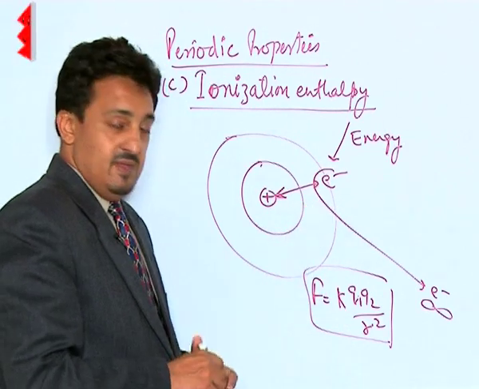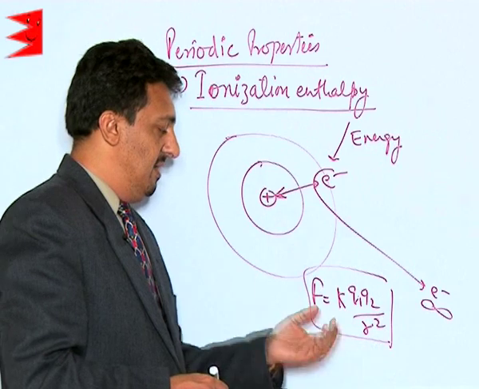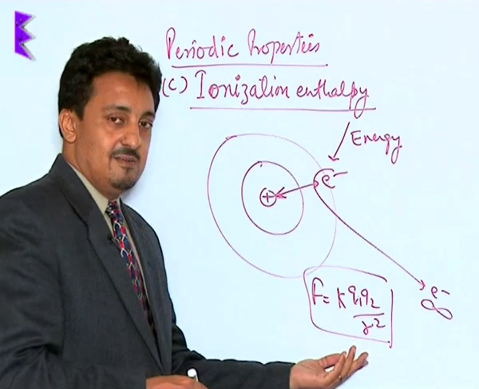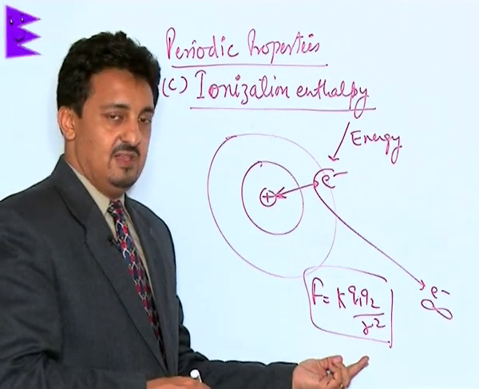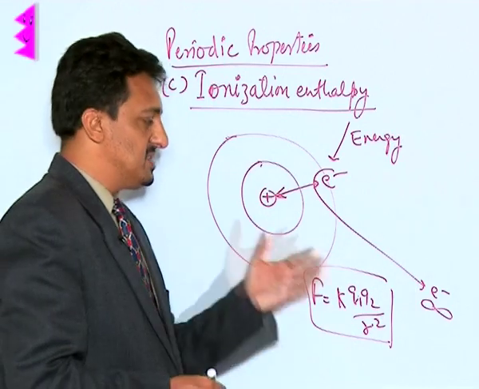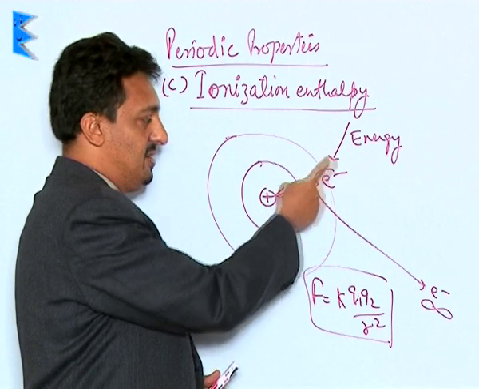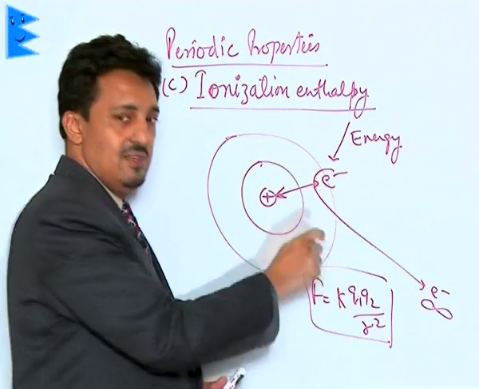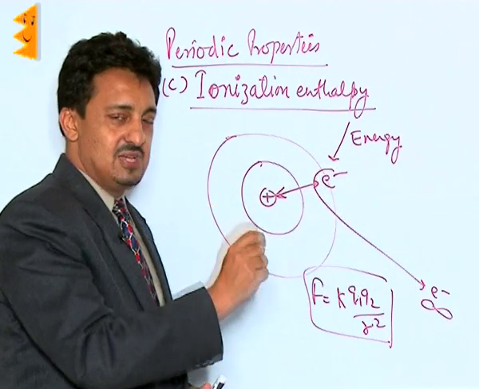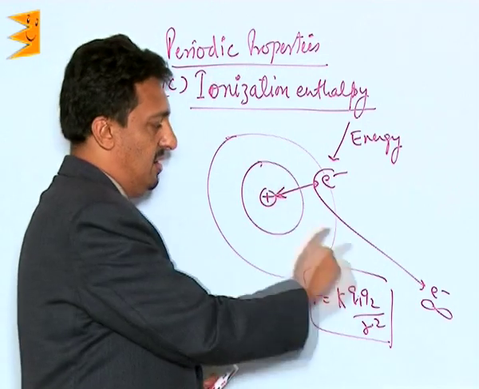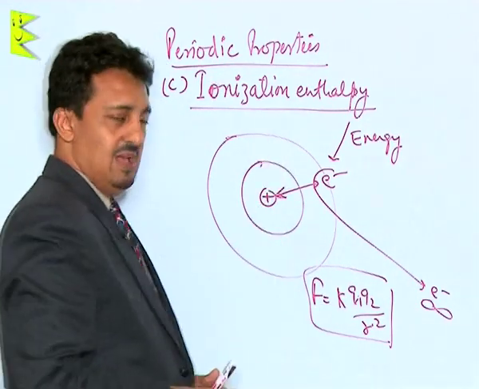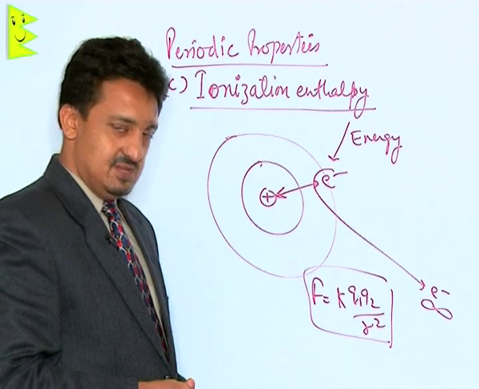So that's the major formula which will guide us in determining the trends of this energy in the periodic table. But first one must understand that the energy required to take out a valence electron from an isolated gaseous atom is called ionization enthalpy or ionization energy.